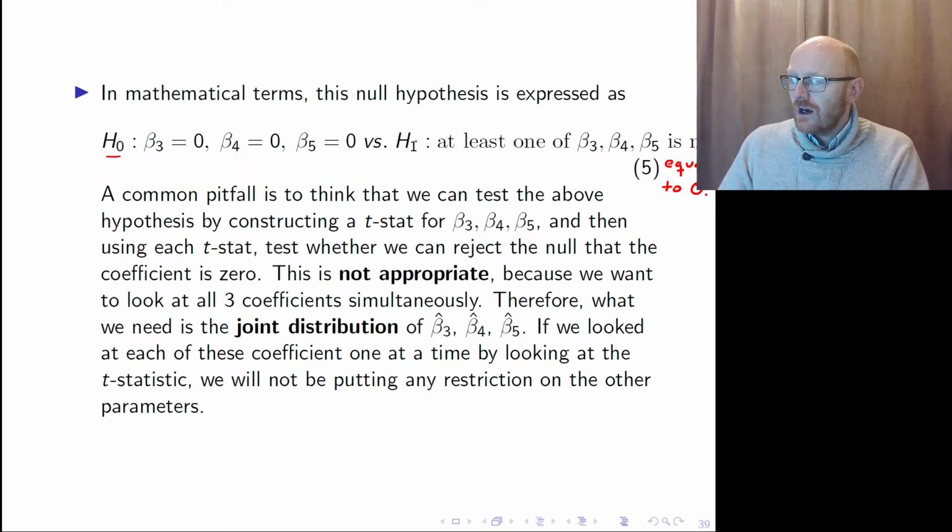And the alternative hypothesis is then that at least one of beta 3, beta 4, beta 5 is not equal to 0. The common pitfall is to test them one by one, but then you do not control for the other variables because you can let them vary.